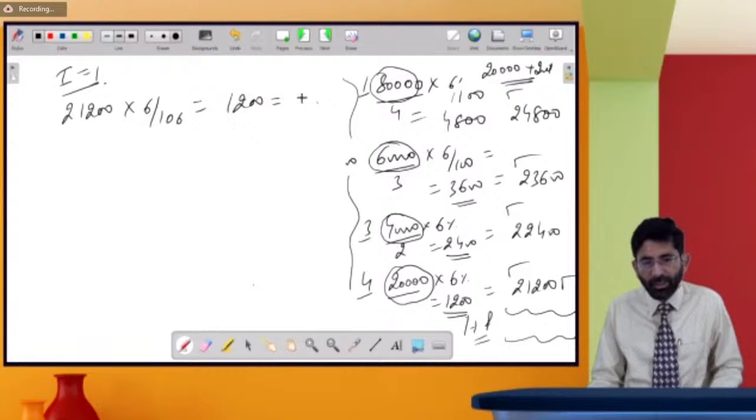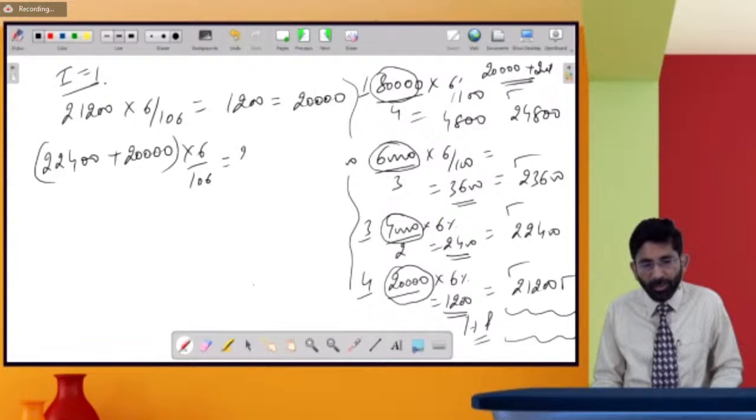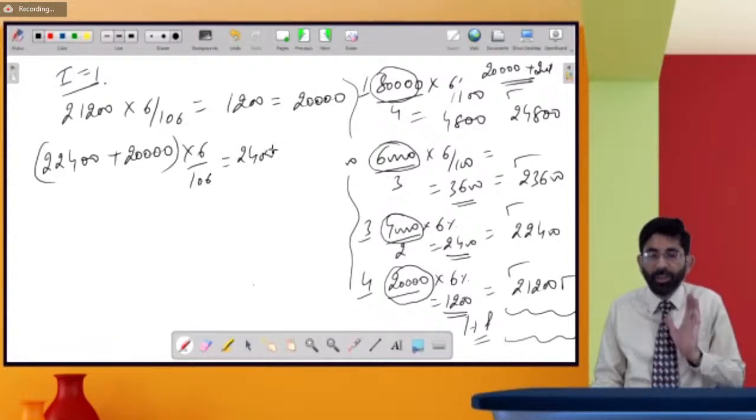That will be deducted, and we get the closing balance. It is 20,000. Now to the previous installment of 22,400, we add the next installment's cash price and calculate interest on it. It will be 6 by 106, and it will be 2400. You may get it. It will always be 2400.